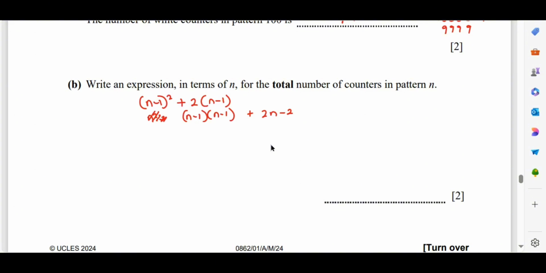When you open this bracket, you have n square minus 2n plus 1 plus 2n minus 2. So the minus 2n and plus 2n cancel out, and plus 1 minus 2 gives you n square minus 1.